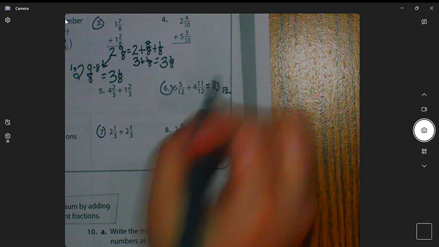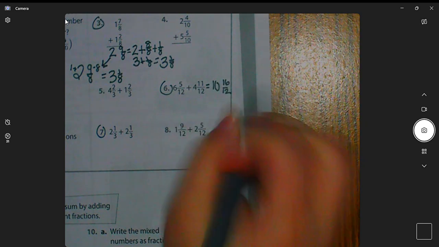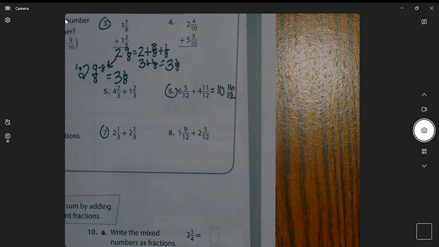It's 16. 16/12. Now, do I have to change that fraction or can I leave it? You're right. I have to change it. 16 is too great to be on top of 12.